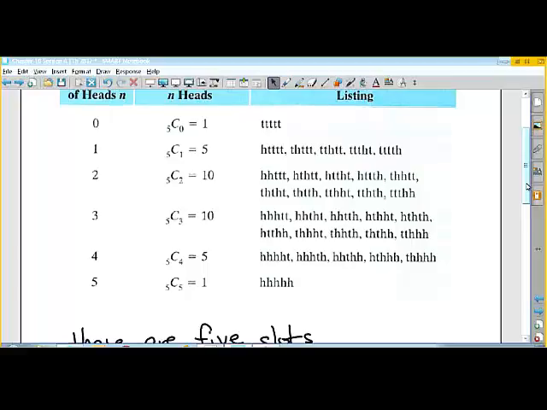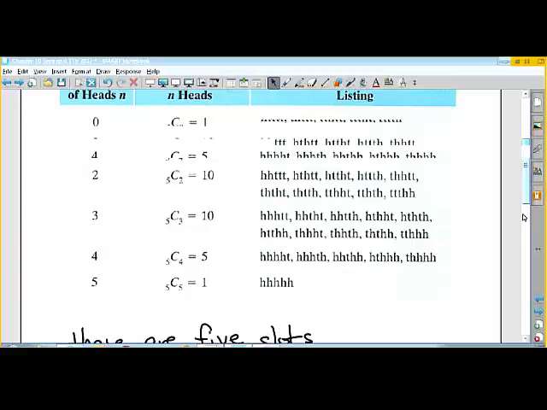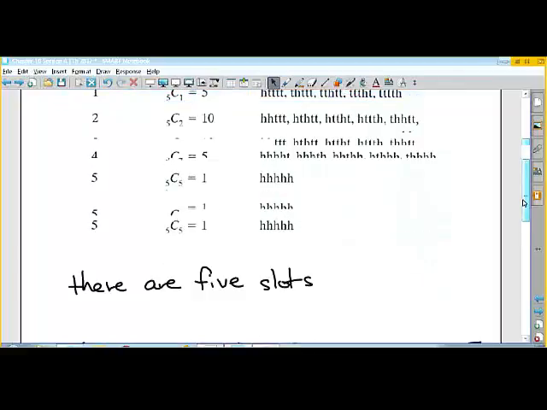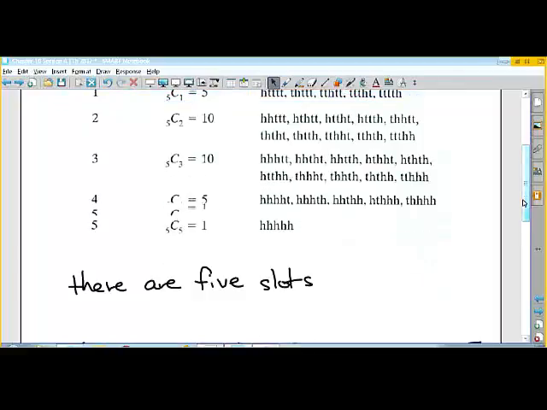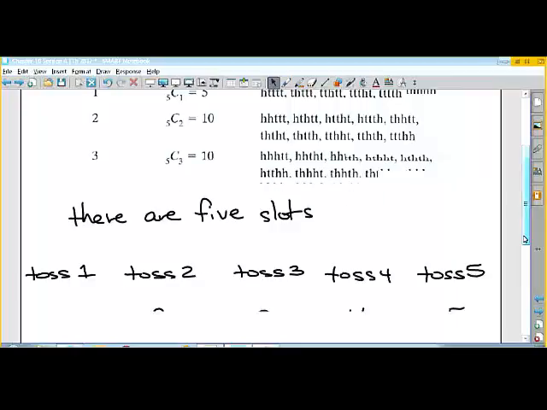Instead of 5 people, you have 5 slots, meaning 1 slot is getting a head on the first toss, 1 slot is getting the head on the second toss. So instead of having names, you would have first toss, second toss, third toss, fourth toss, and 5th toss. Okay?